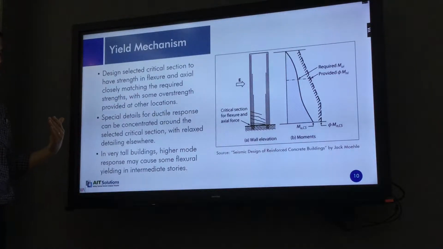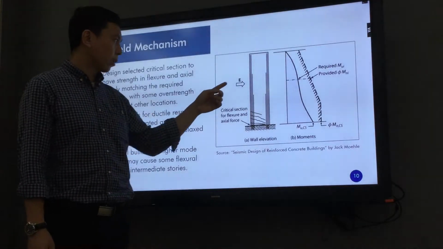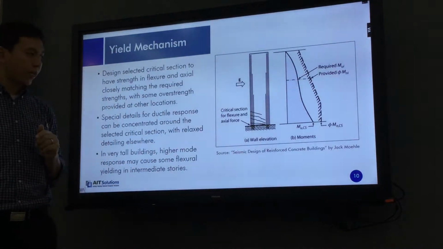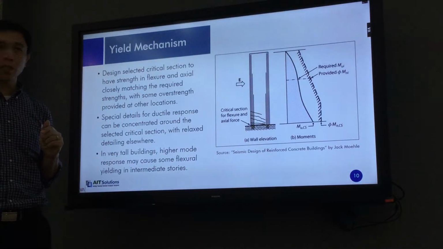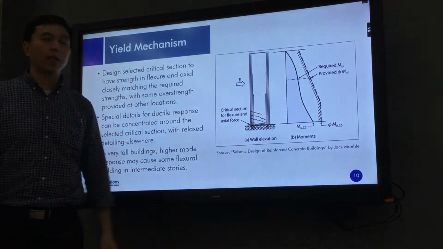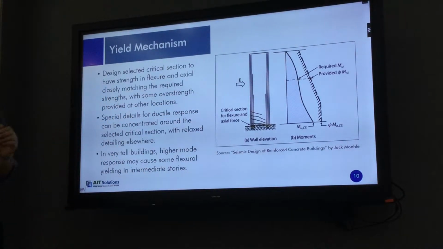Those higher modes can cause yielding of the wall at upper levels, maybe around mid-height of the building. So in that case, we have to provide good confinement at the mid-height of the wall as well.